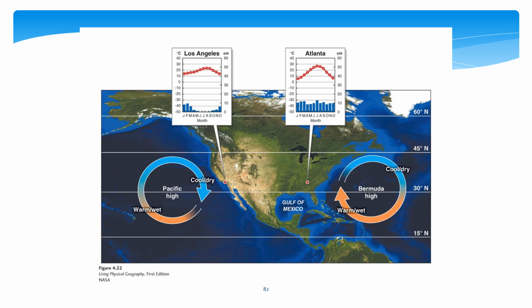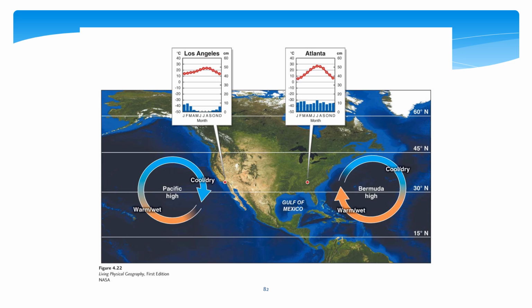These two locations are almost at exactly the same latitude, and they're also almost exactly the same elevation. Los Angeles looks like it might have a little less variation in its temperature, but what we're interested in particularly is the precipitation patterns. So look at our blue bars and how much precipitation they are getting at different times of the year.